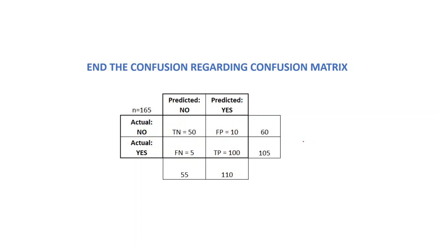So this lecture is aimed to end the confusion regarding the confusion matrix, especially for labels like false negative and false positive. We often get confused regarding that, right? Now, seldom will you come across a detailed confusion matrix like this, where it already says this was the actual no, this was the actual yes, this was a predicted no, this was a predicted yes.